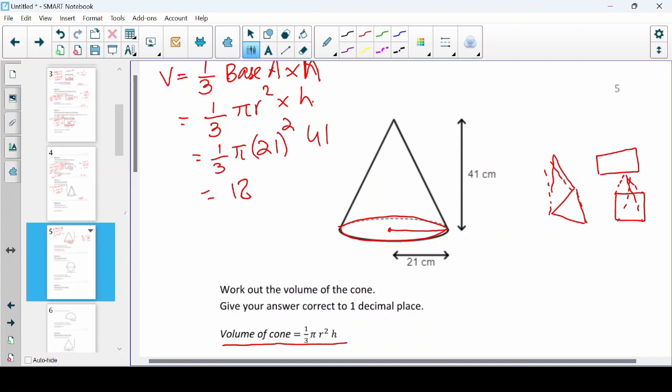That gives 18,934.37, so we can write it as 18,934.4 centimeter cube.